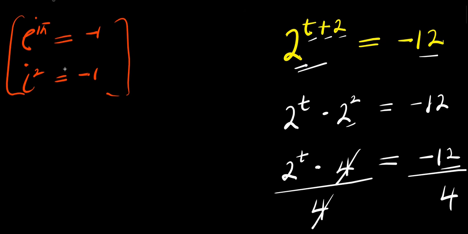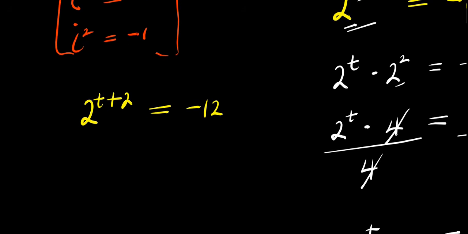All right. So we have 2 to the power of t plus 2 equals -12. We apply the same identity. If you have a power x plus y equals a power x times a power y.